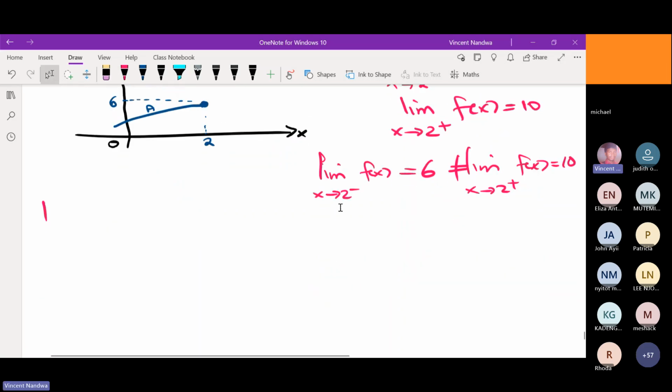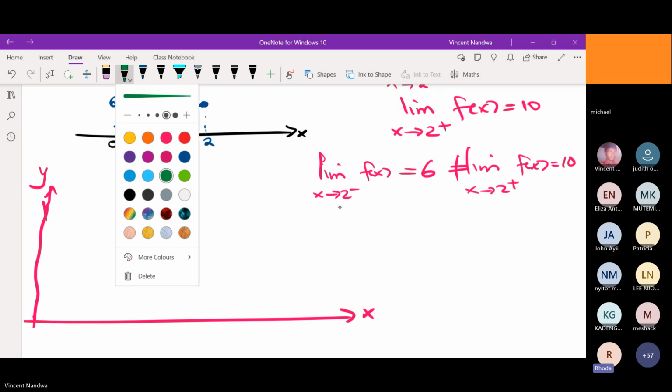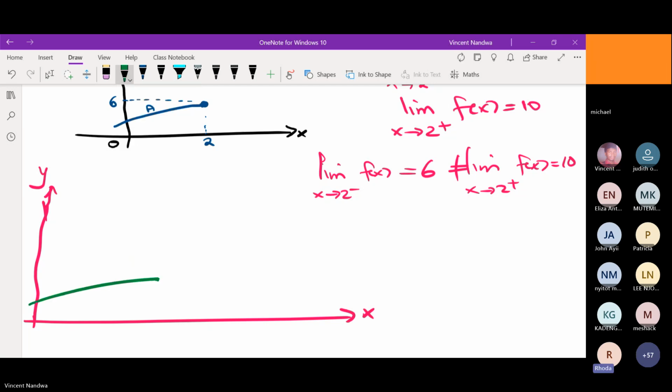Let me give another sketch probably before we make that conclusion. If I have this as my y-axis, this is my x-axis, and let's say this point 3, and I have this other branch, so let this be 10, let this be 8, and let this be 6.